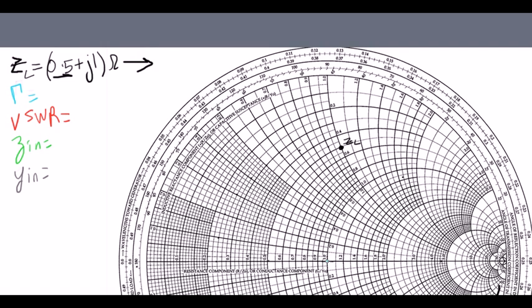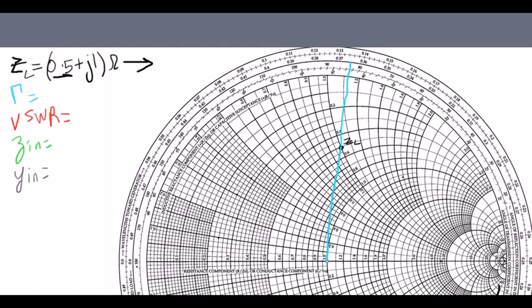I'm using Smooth Draw for the first time, so I'm just going to draw the line that would cross the normalized load impedance, and we keep going to an approximate angle of coefficient.